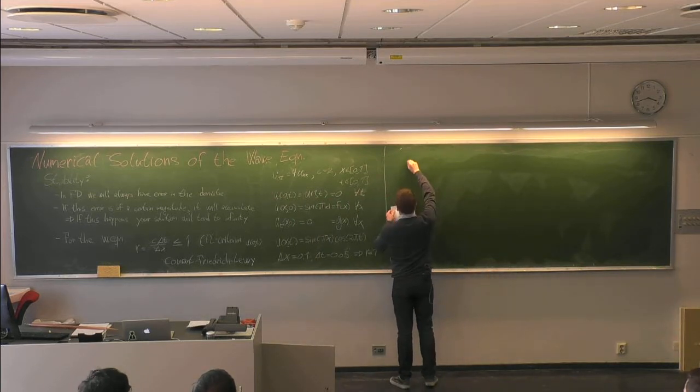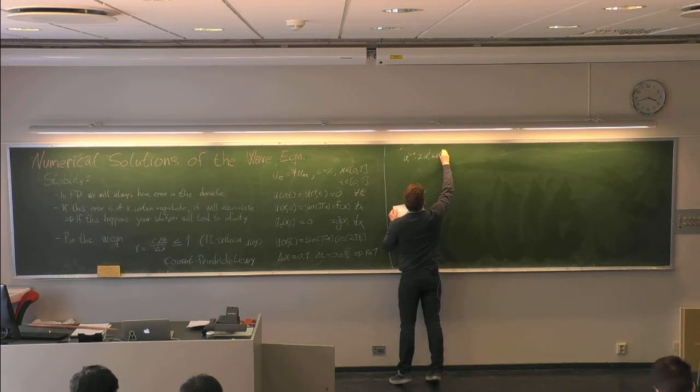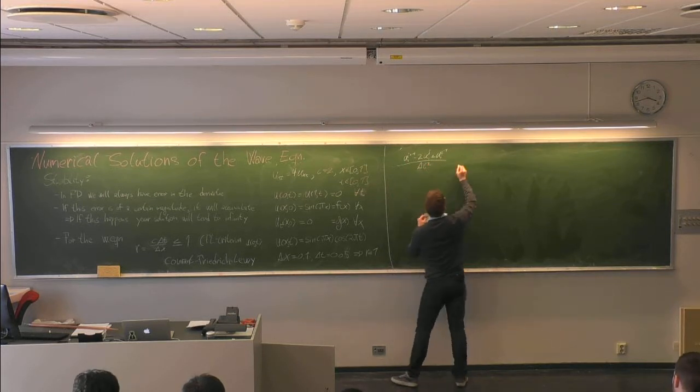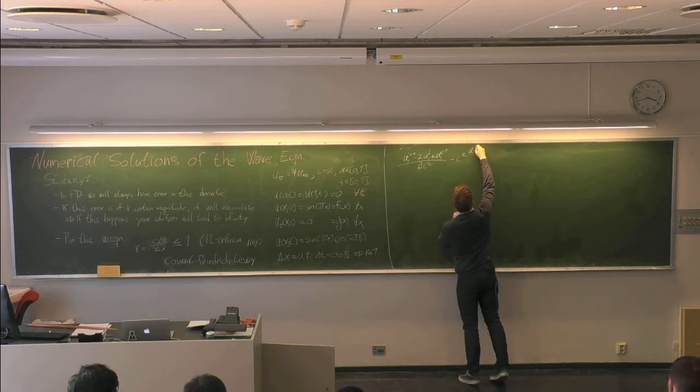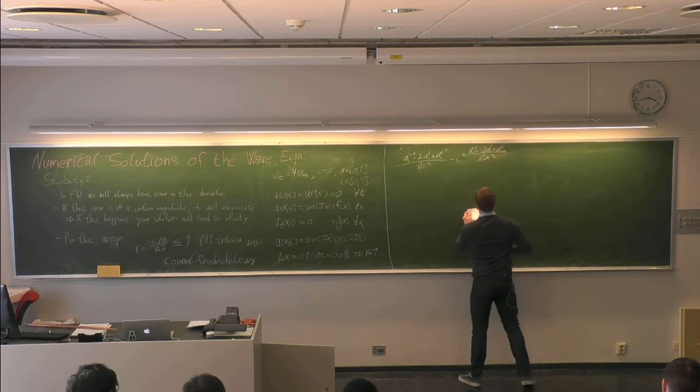So again, u_i^{j+1} minus 2u_i^j, well, not finished, plus u_i^{j-1}, over delta t squared, minus c squared times u_{i+1}^j minus 2u_i^j plus u_{i-1}^j, divided by delta x squared again.